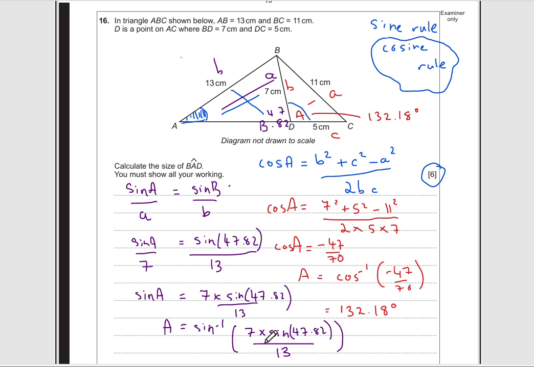I'm just going to put this all into my calculator in one, but if you'd prefer to work it through as the decimal, it's absolutely fine. We're going to get to the same answer. So let's work that out. And that's going to give us the answer 23.5 to 1 decimal place.